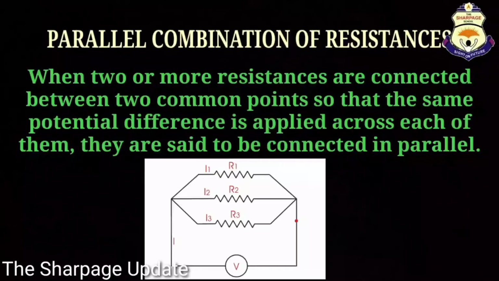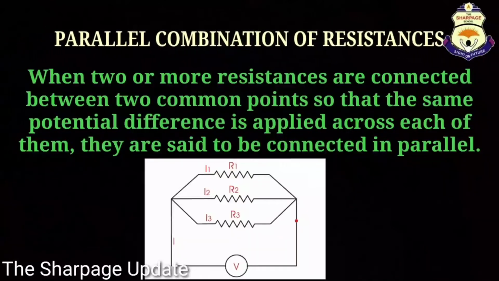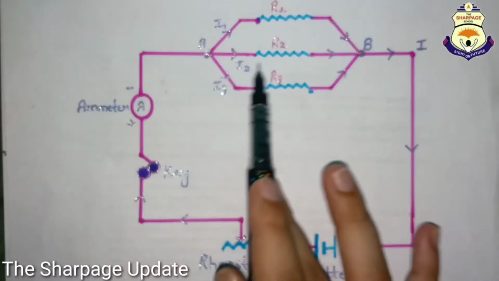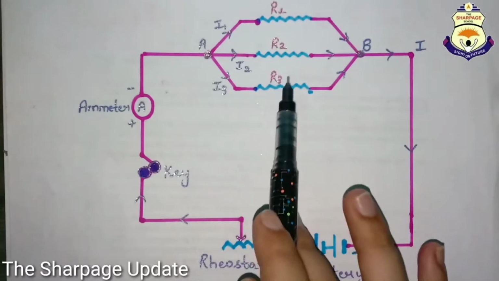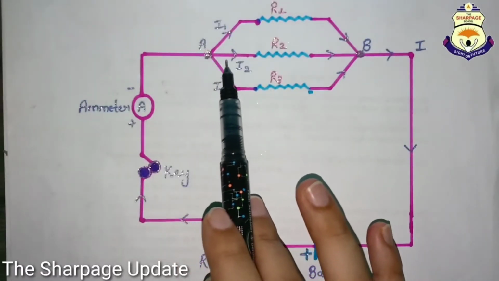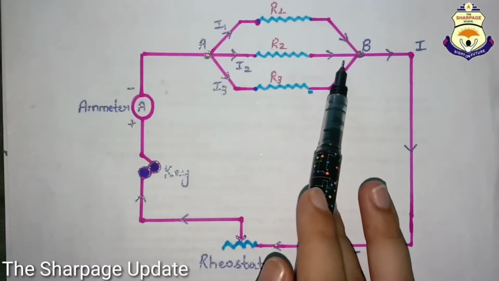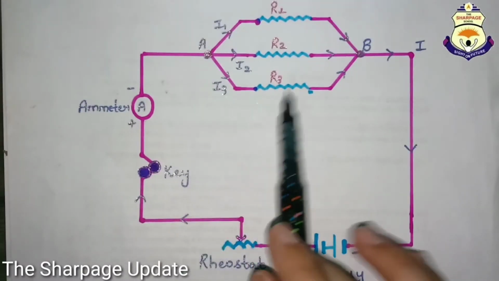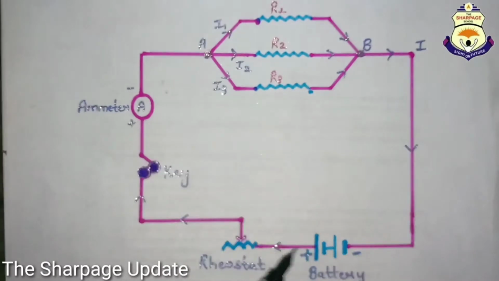You can see a parallel combination in this diagram. In this diagram, R1, R2 and R3 are connected in parallel combination. As you can see, currents I1, I2 and I3 are passing through these three resistors.